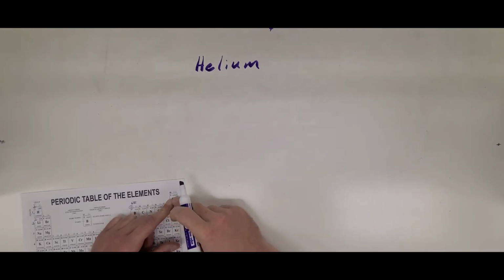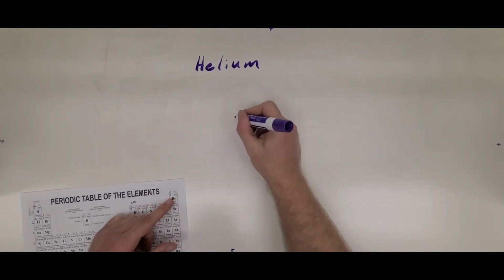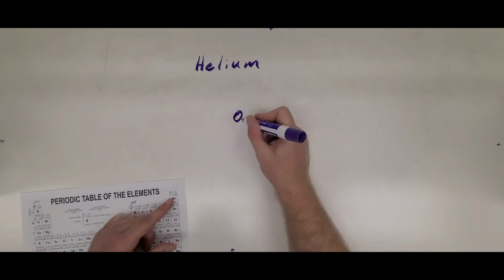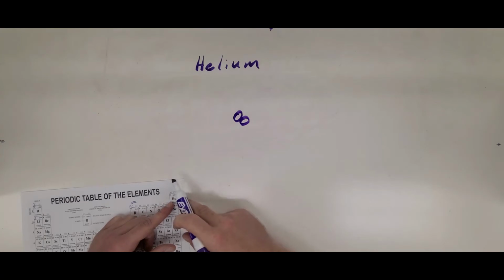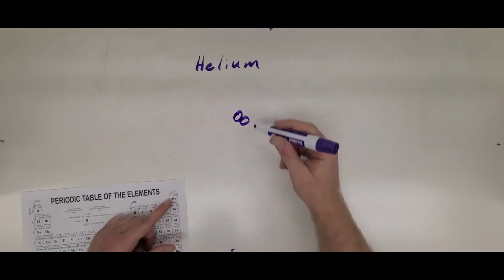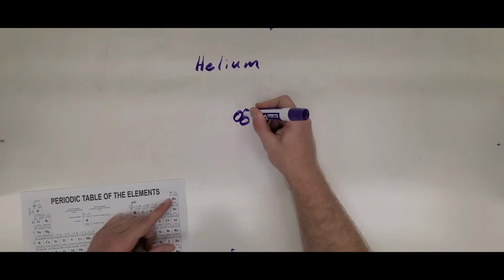So helium had an atomic number of 2. It's going to have 2 protons. I'm going to take the time to actually draw this, so we'll draw them like this. After subtracting the atomic number from the atomic mass, we found that it had 2 neutrons.